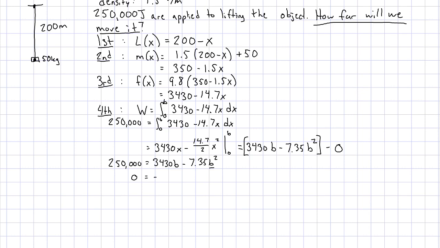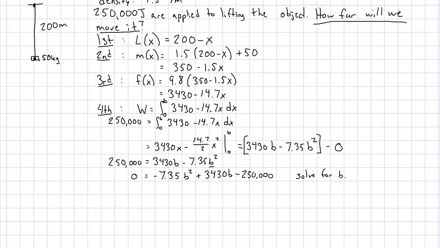So I'll have negative 7.35B squared plus 3,430B minus 250,000. This I can then plug into the quadratic formula and solve for B. There will be two answers.